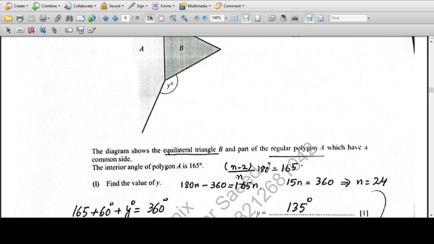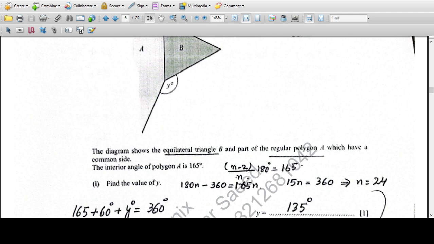So this is the formula of polygon's angles. Each interior angle is equal to this formula, (n minus 2) upon n into 180 degrees is equal to 165, and this left hand side value is equal to each interior angle of a regular polygon. So this is a regular polygon, so we can write (n minus 2) upon n into 180 degrees is equal to 165, which is given here.